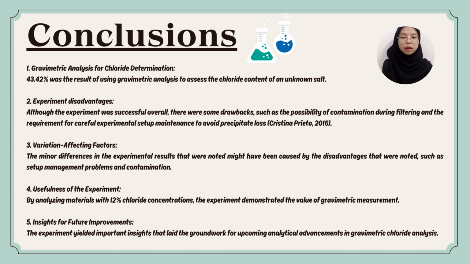These elements could have played a role in the small amount of variation in the outcomes that was noted. The experiment demonstrates the usefulness of gravimetric measurement of chloride in examining material with 12% chloride concentrations, providing valuable insight for future analytical improvement.